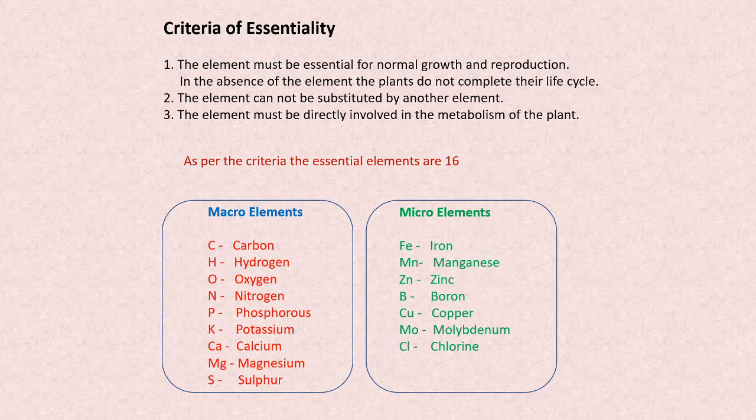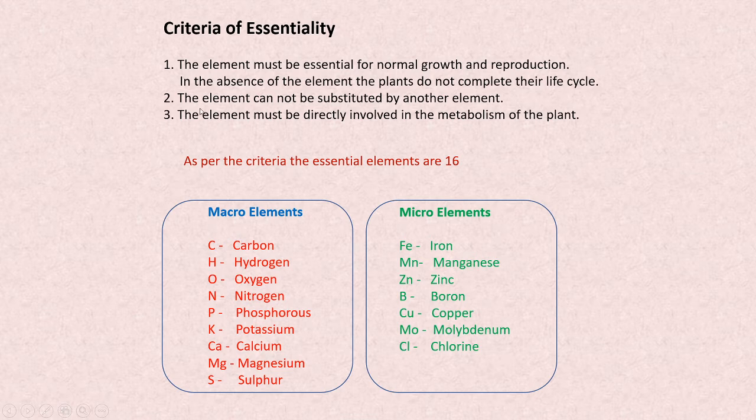In order to be certain that the elements are truly essential, Arnon and Stout in 1939 proposed the criteria of essentiality. The three requirements are: the element must be essential for normal growth and reproduction. That is, in the absence of the particular element, the plants do not complete their life cycle.